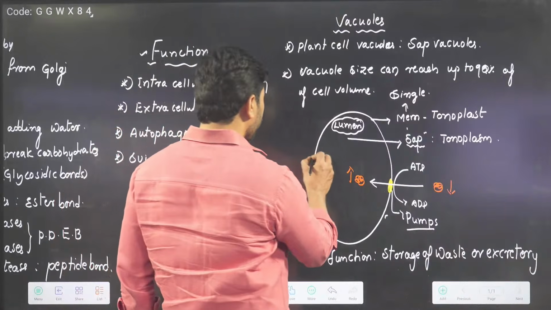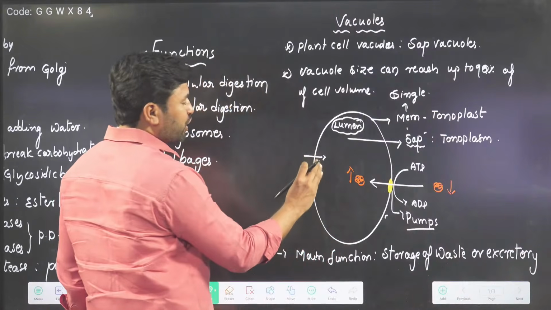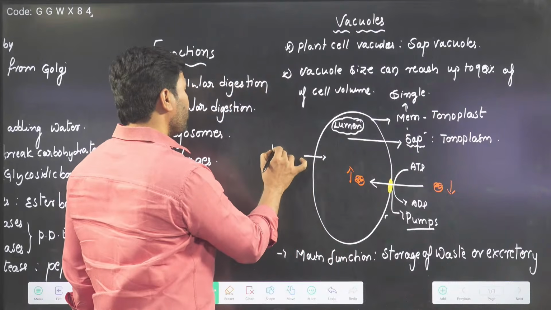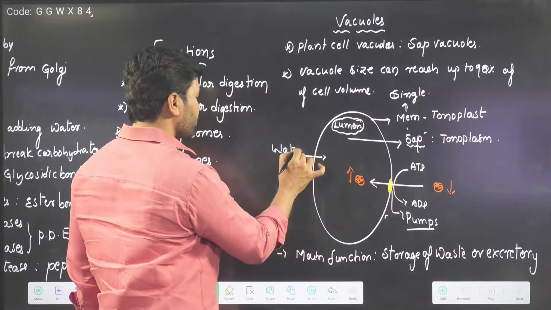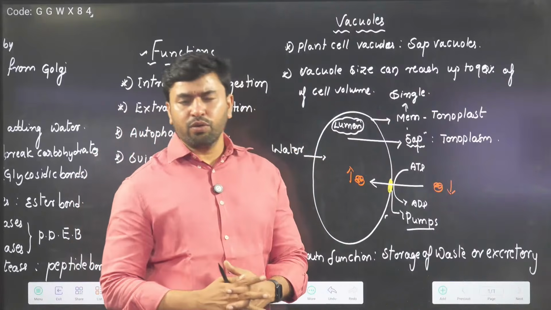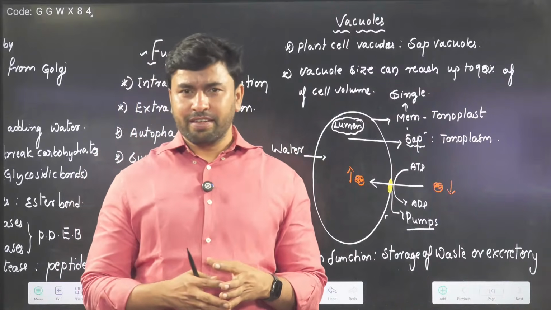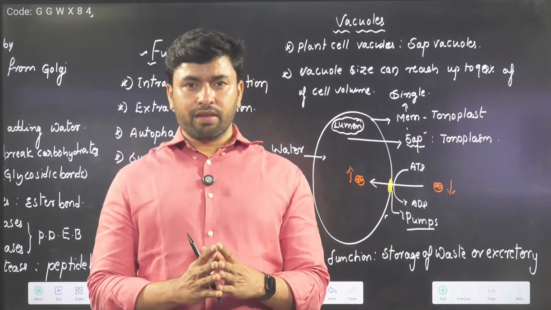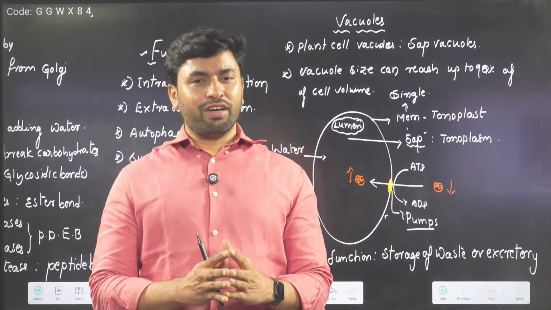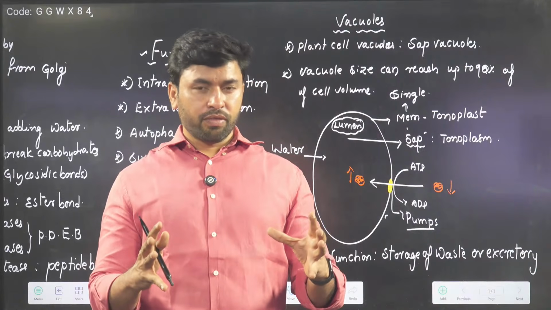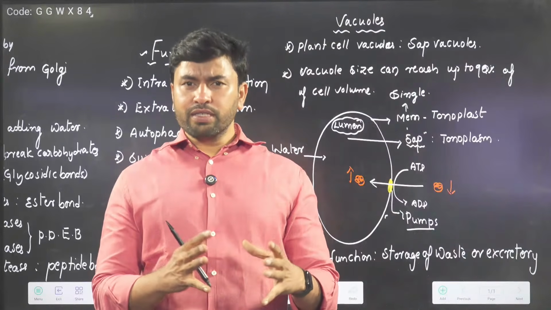Then, what are the actual substances present in the tonoplasm? Tonoplasm contains water, a major quantity of water. Why do they say tonoplasm contains water? Simple. I want to enlarge a cell in plant cells. For that, I have to enlarge the vacuole size. How to enlarge the vacuole size?